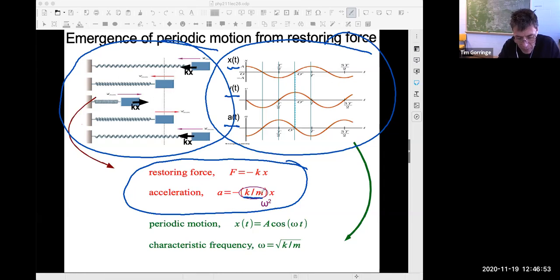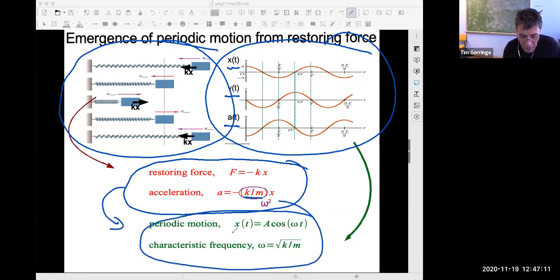That factor is the square of the characteristic frequency of the periodic motion. Here's the expression of the sinusoidal motion, and here's the characteristic frequency. It goes as the square root of the spring constant divided by the mass. So that was a recap from last class.